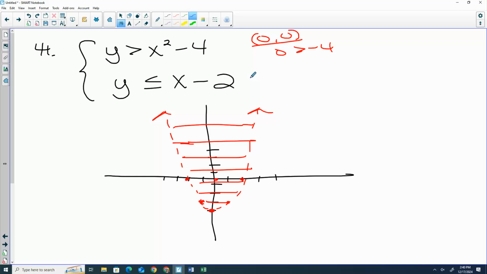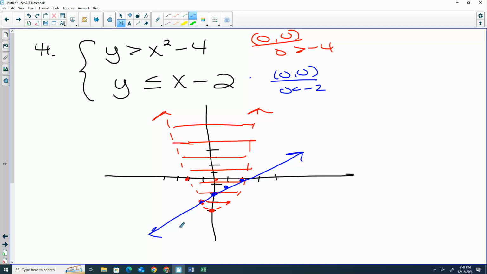Then to graph this one, this is just a line. Y-intercept -2, slope is 1. Up 1, over 1. Solid or dashed? We know that because it has an equal to. You can do the test point here. You get 0 is less than -2. Is 0 less than -2?